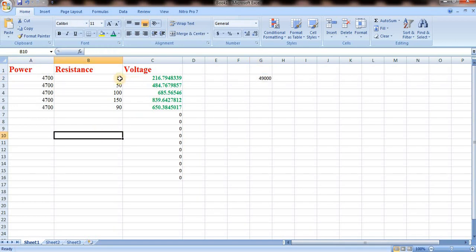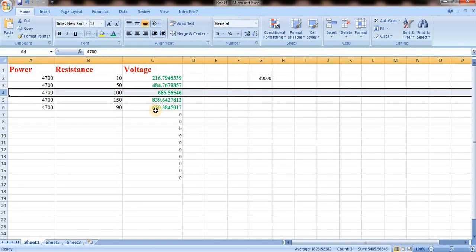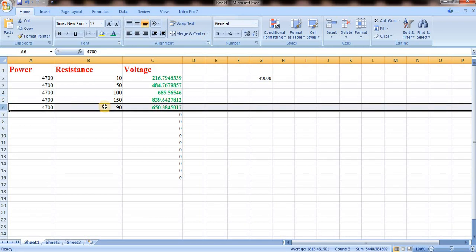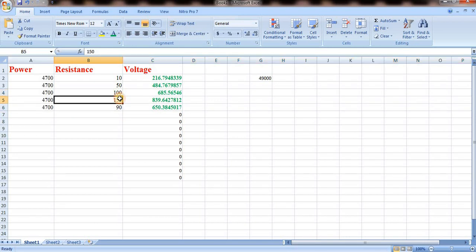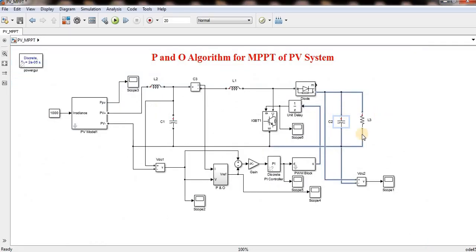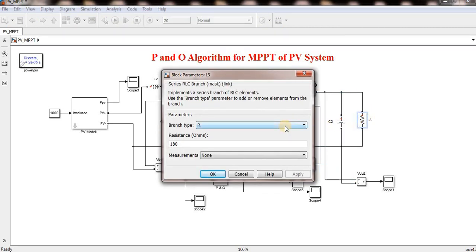So 10 ohms is not sufficient, and 50 ohms giving 480 is also not sufficient. We have to select a minimum of 90, 100 or 150 ohms, otherwise it won't work. You can't connect a plain resistive load instead of a resistive branch, because two types of loads are there: one is the RLC branch, another is the series RLC load.